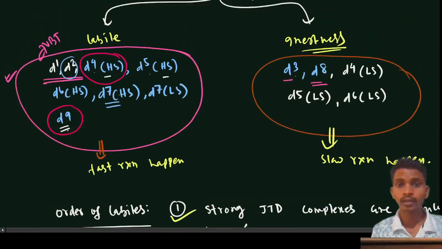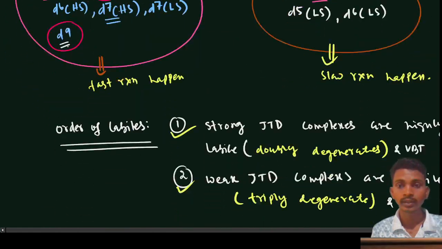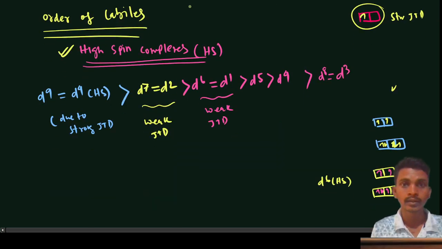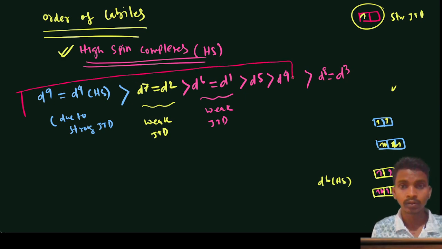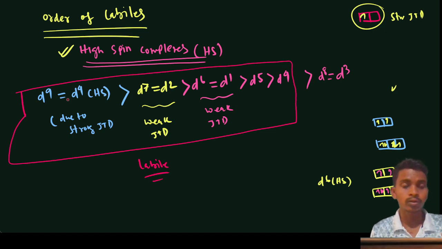What is found is that up to these compounds they are labile compounds, and the order of labiles means which is more labile, this is the order, and these are inert compounds.